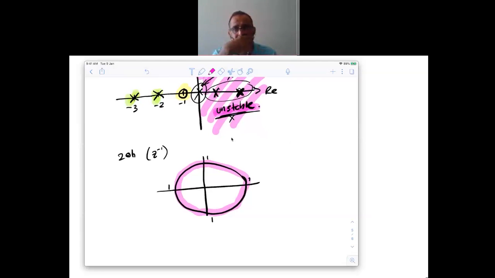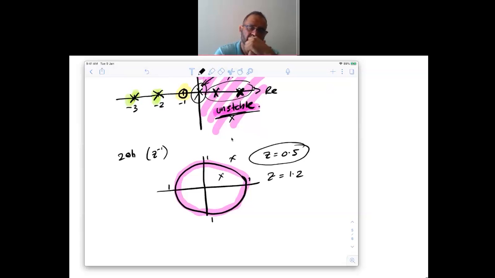So if you define your value of z as 0.5, it means your poles, or your system, is stable; you're having stable poles. If the value of z is outside the unit circle, z equals 1.2 for that matter, then this is unstable. So this is the concept of stability.